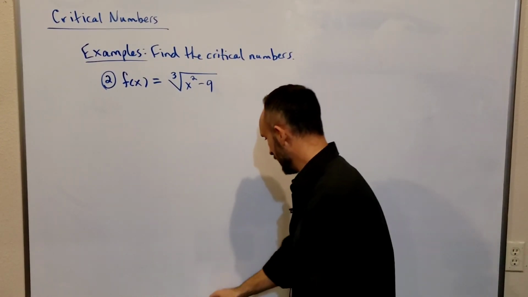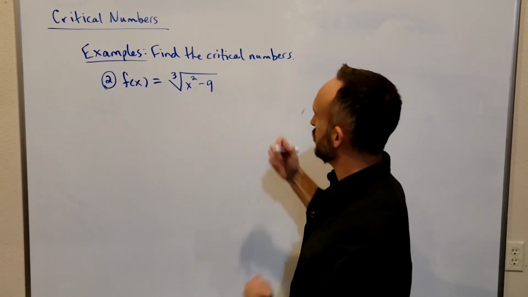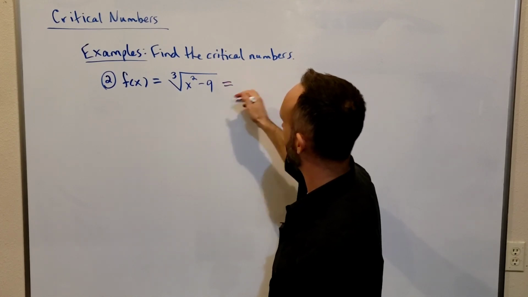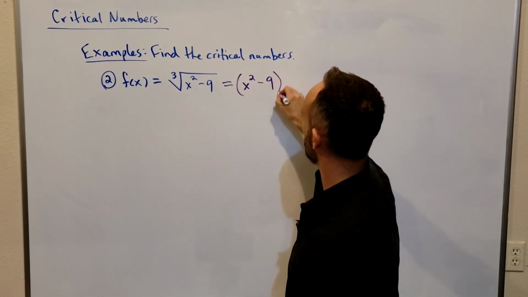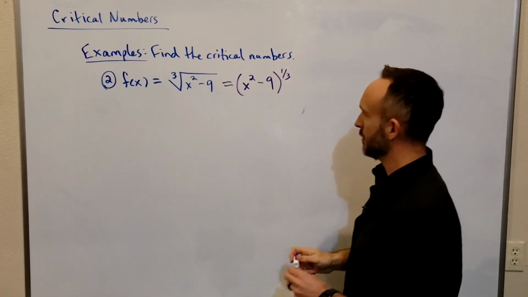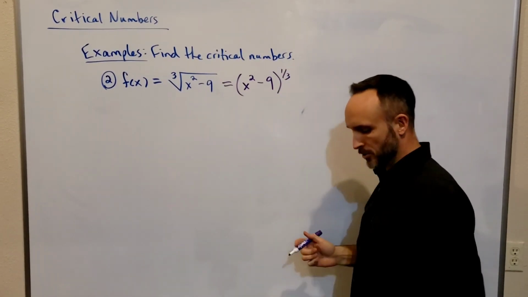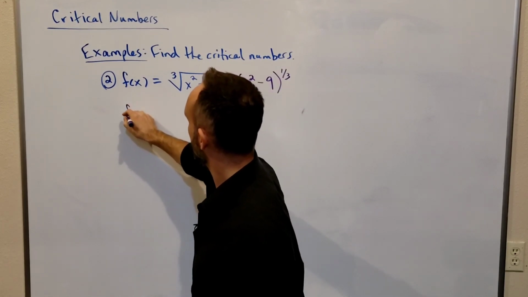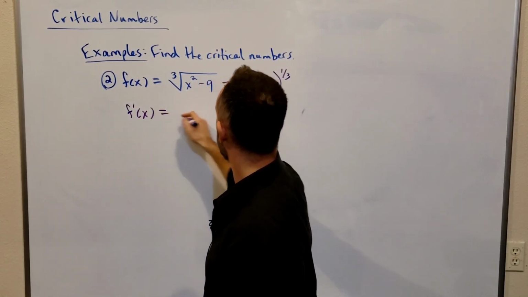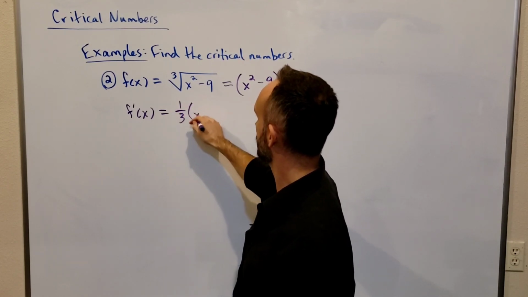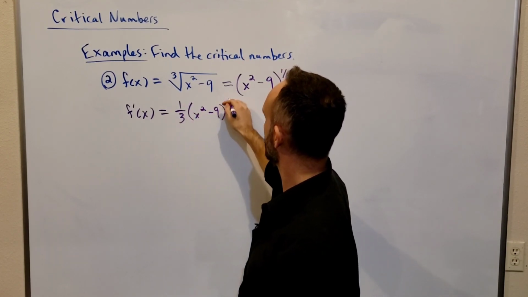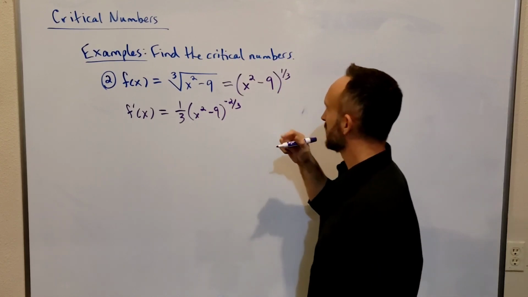So if we want the derivative of this, it's useful to first think of this cube root as an exponent. So it's the same thing as x squared minus 9 to the 1/3 power. And now the derivative isn't too bad. So f prime of x equals, applying the power rule, 1/3 times x squared minus 9 to the negative 2/3.